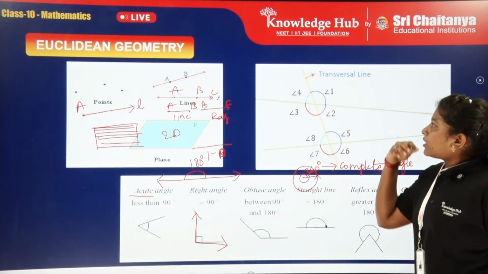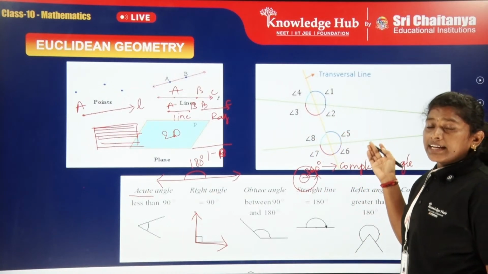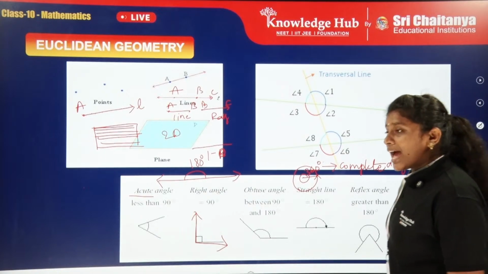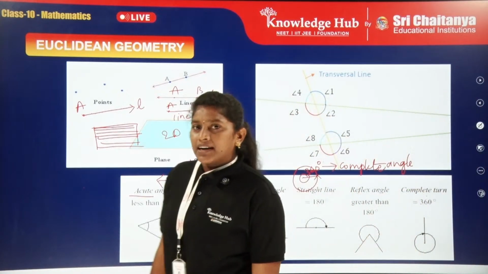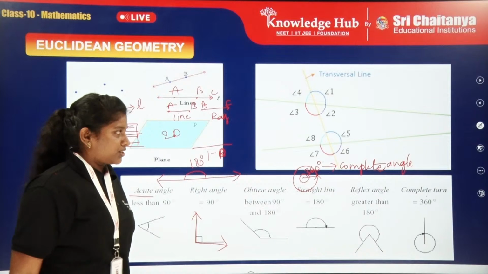So now let's discuss the angles formed by straight lines and a transversal. As we know, we have parallel lines which do not intersect each other.